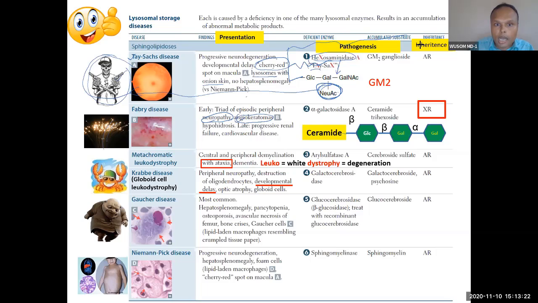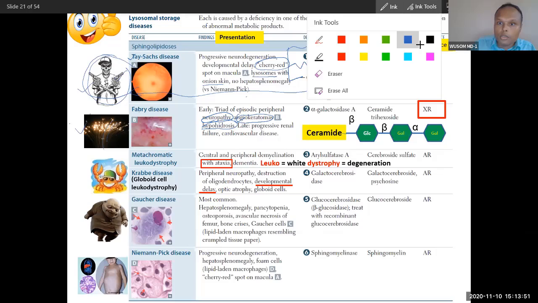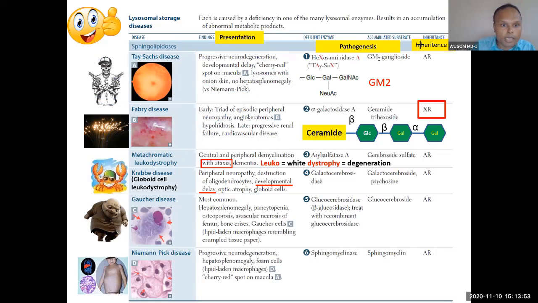And then hypohidrosis, meaning a low amount of sweating. Because of that, the temperature of the body will be high, and that will burn your blood vessels and nerves. So remember this fiber will burn. So fiber for Fabry. This is a weird type of mnemonic, but if you use it, it will be very helpful.